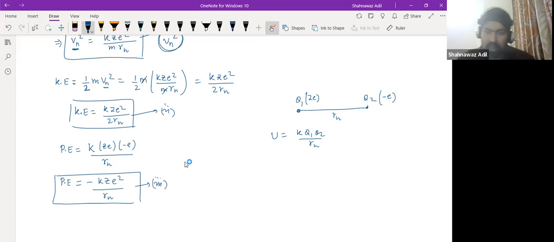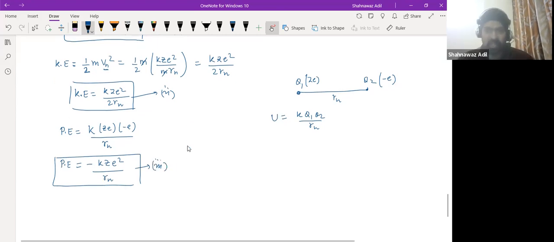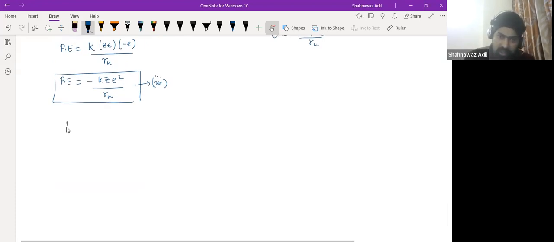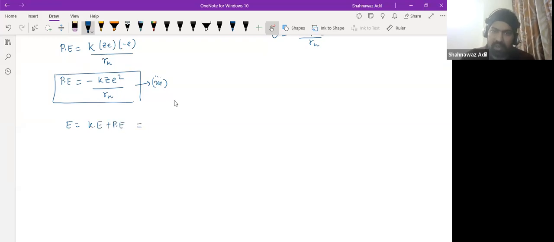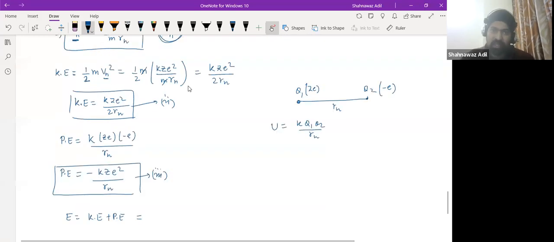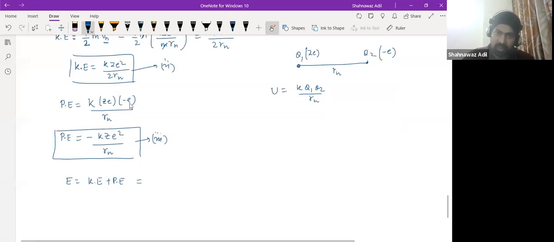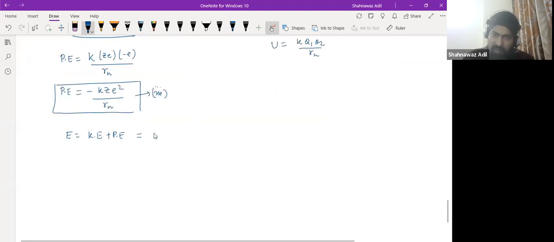Now let us calculate the total energy. Total energy is kinetic energy plus potential energy. Kinetic energy is kZe square by 2Rn, and potential energy is minus kZe square by Rn.